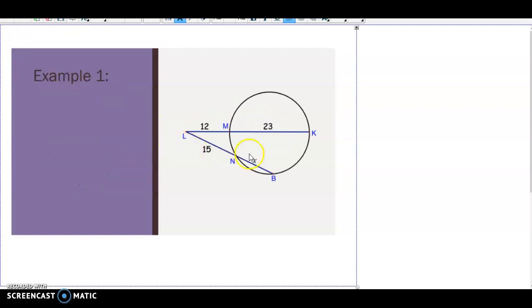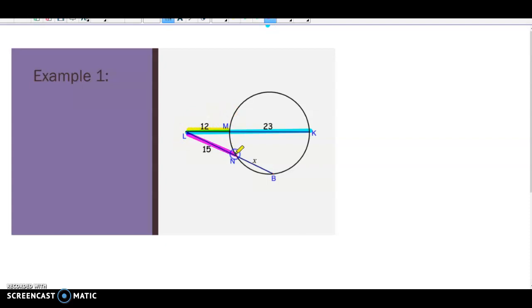So looking here, I can see I have 2 secants because I have the outside and the inside, just like what I told you. I'm going to highlight the outside here, but to get the whole, I have to add the outside plus the inside. Same thing down here, where the 15 is the outside, but to get the whole, I have to add 15 plus the inside.